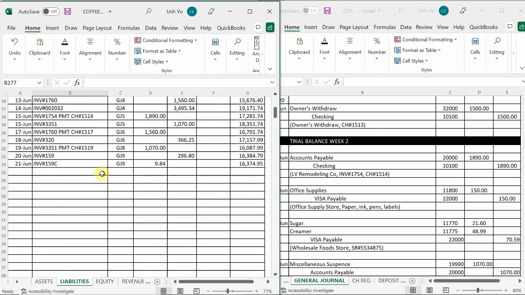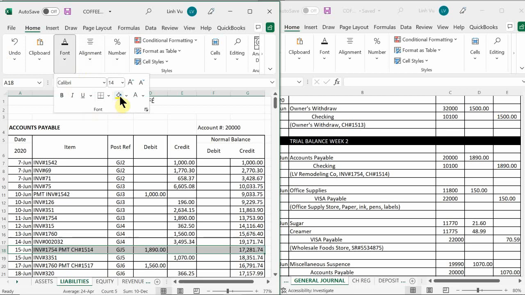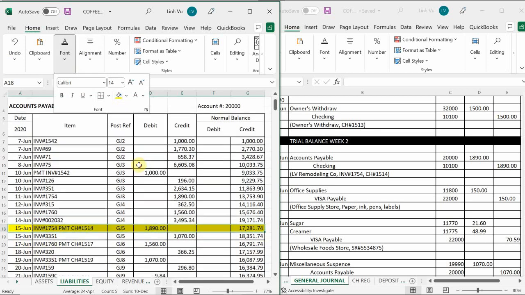First, we had an accounts payable for 18, and we paid a check for 1890. This was on the 15th. Yes, we debited our account for 1890, so that's correct.